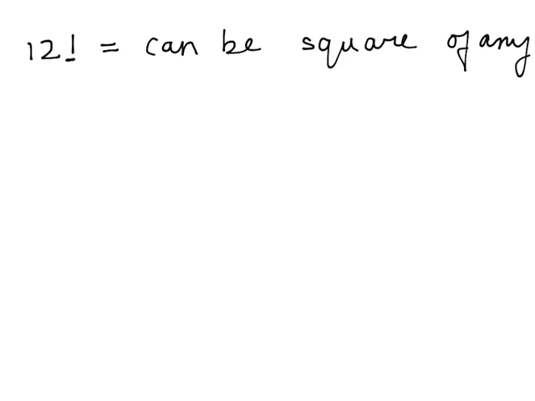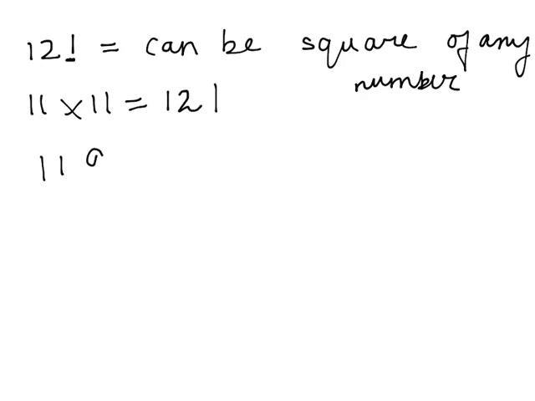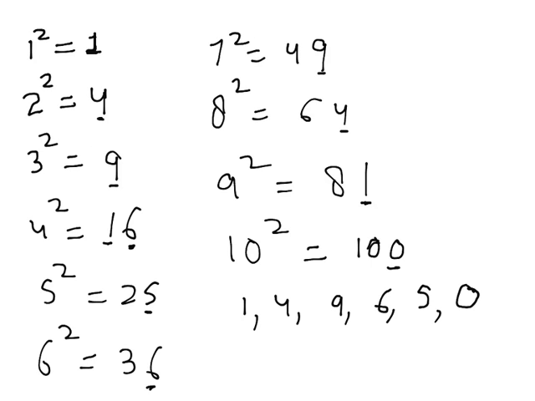There are chances that a number that has 1, 4, 6, 9 at the unit place can be the square of some number. Here we know 11 times 11 gives us 121, so this is the square of 11. It is possible that a number ends with 9, like 190, but here in 3 squared we have 9 at the unit place.